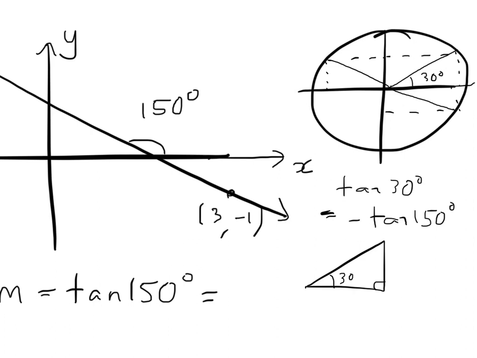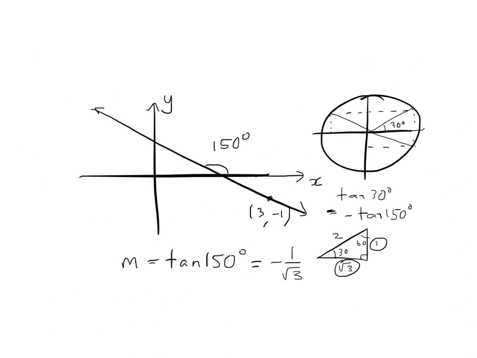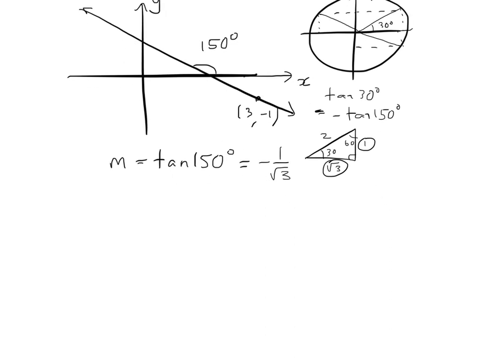There's 30 degrees. I know sine of 30 is a half. I know that's √3. So tan of 30, opposite over adjacent, is 1 over √3. So I know that tan of 150 therefore is -1 over √3. And that makes sense in this context because you can see clearly that the gradient is negative.